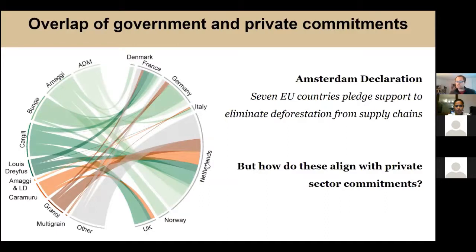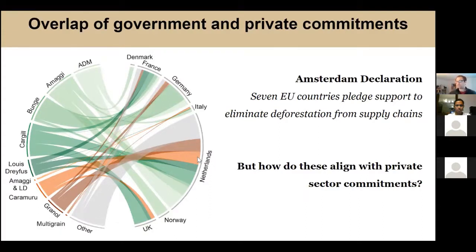And we can see that a good proportion, in green, is companies with zero deforestation commitments. That's not to say they've met them by any means, or they definitely haven't. But we can look at those that don't have any, or didn't have any, zero deforestation commitments, and start to think about where the leverage points are.